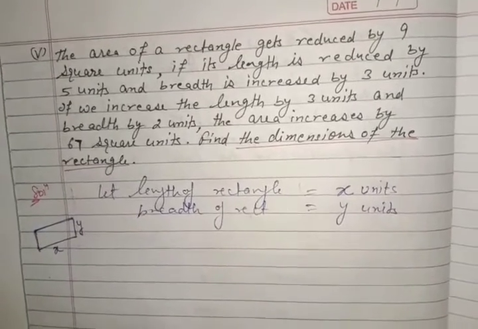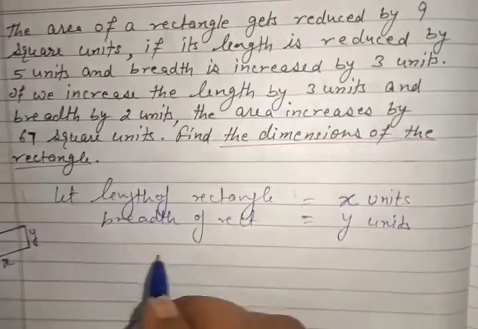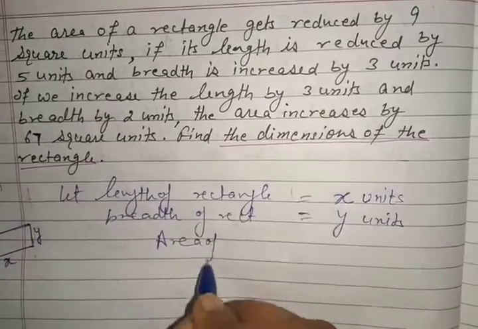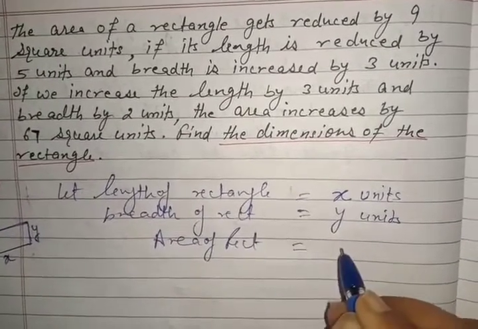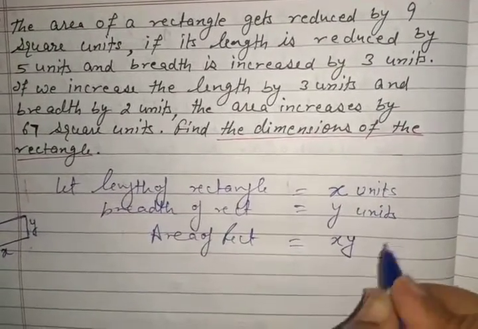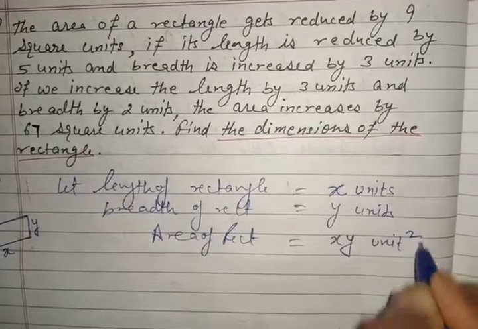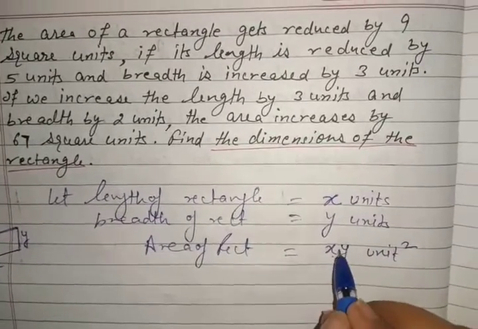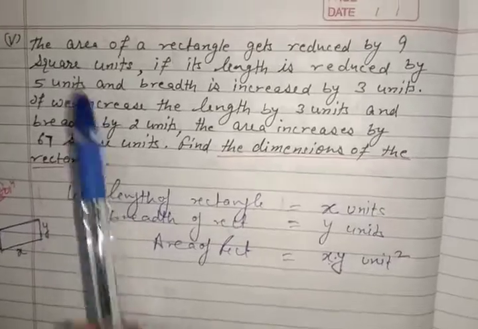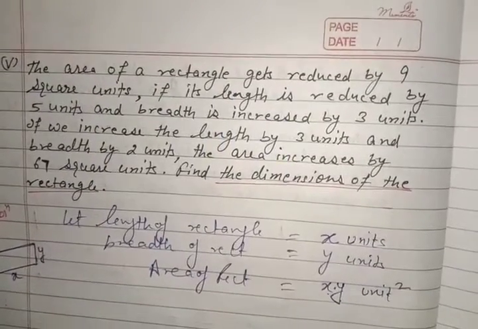Now there are again two cases. The area, write this also: area of rectangle equals length into breadth, unit square. This is the sign of multiplication. The area of the rectangle gets reduced by 9.